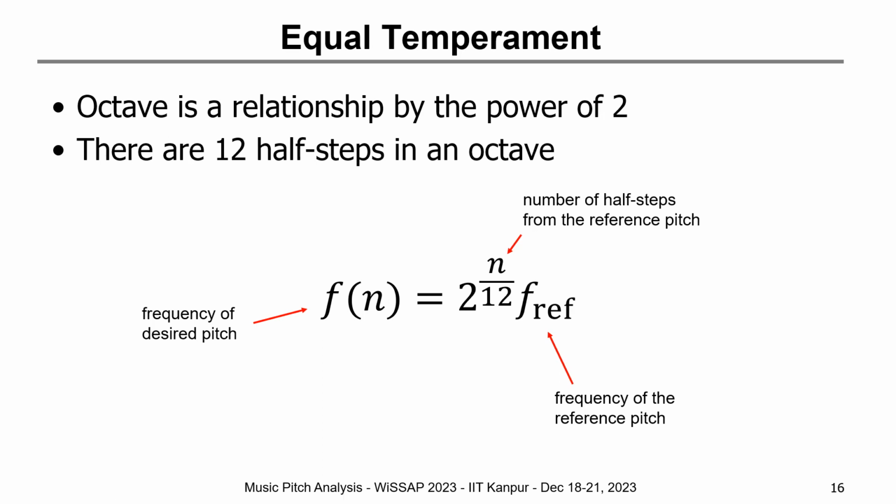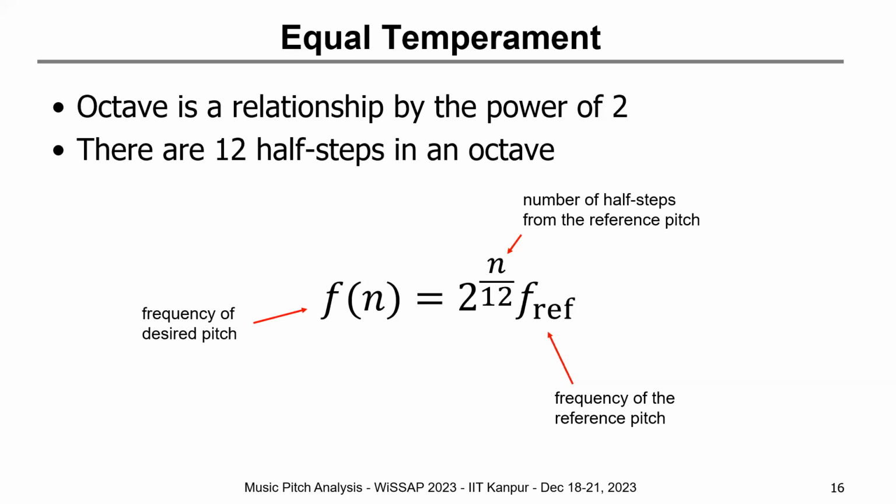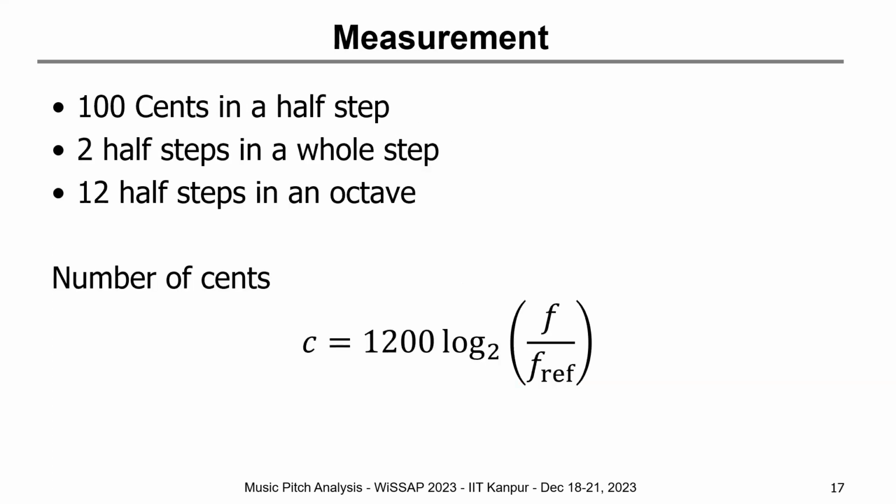If we move just 1 step higher, which is a semitone, then this is 2 to the 1/12th power, which is about 1.059, something like that. And 1 step, a semitone, is still too wide for music representation. So in music, people further divide 1 semitone into 100 cents.